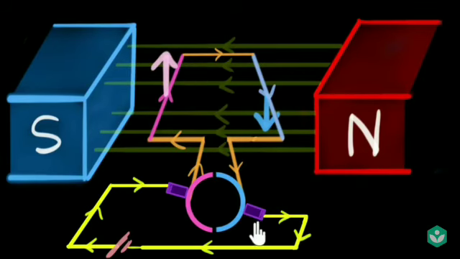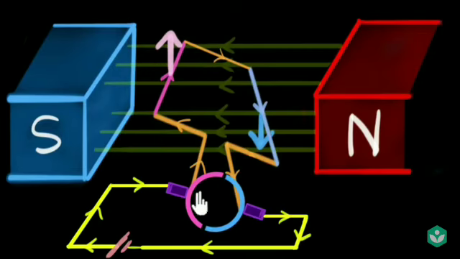A commutator consists of split rings, which are basically two half metallic rings with some gap in between, and a couple of carbon brushes. The wires are attached to these brushes, and these brushes are just in contact with these rings. They are not connected to them.